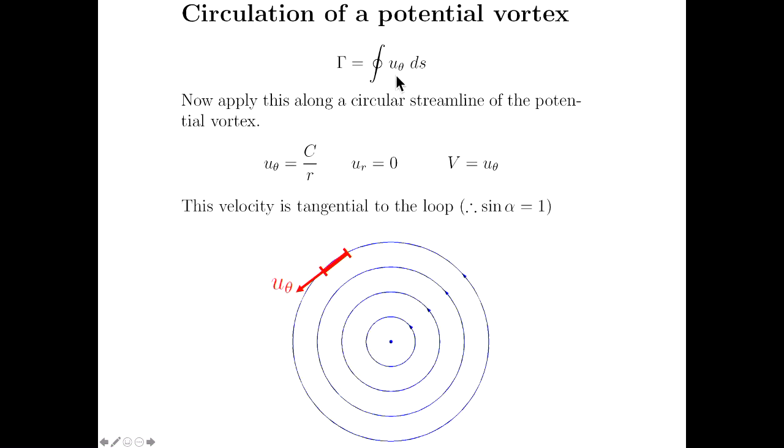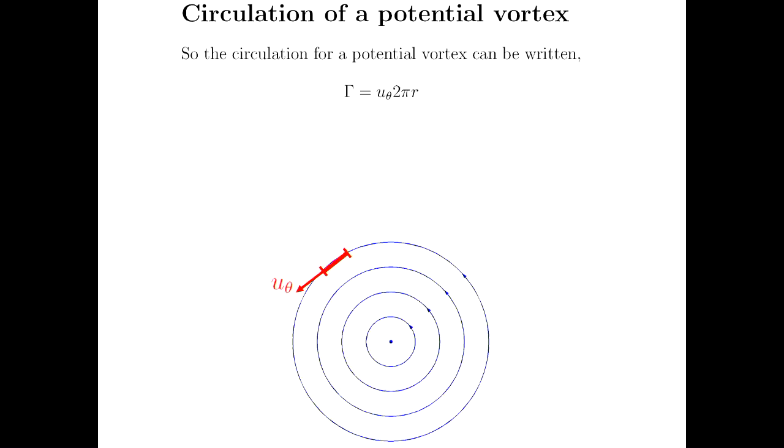It's always tangential. Okay, and I then just have to integrate it for this circle, which will give me u theta times 2 pi r, right? So I get my circulation is u theta times 2 pi r, and therefore I can rearrange it to find my azimuthal velocity as a function of circulation and radial distance.